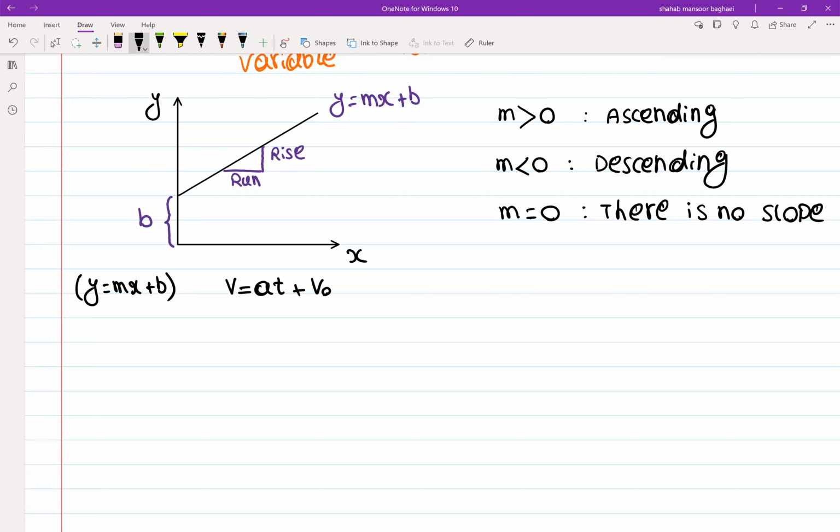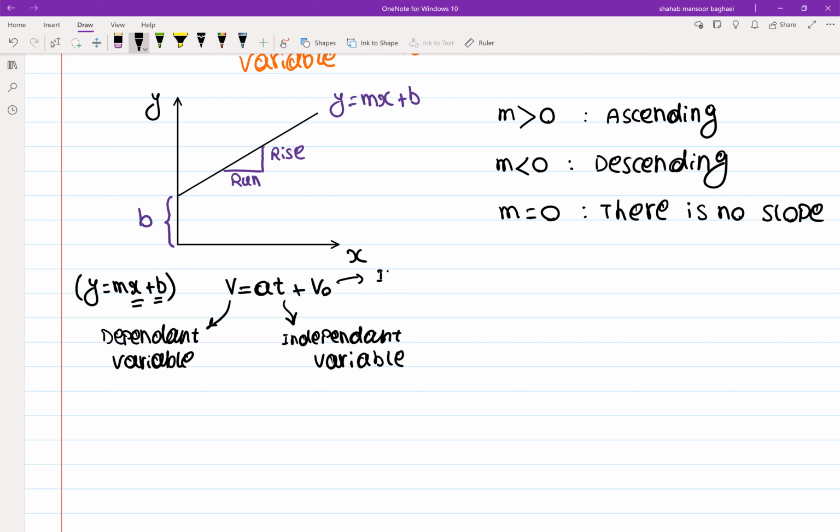If you compare these two equations, you can figure out that t is similar to x. Therefore, it is the independent variable. Similarly, v is the dependent variable. v0 is similar to b.